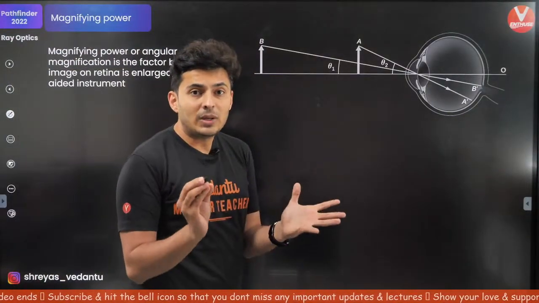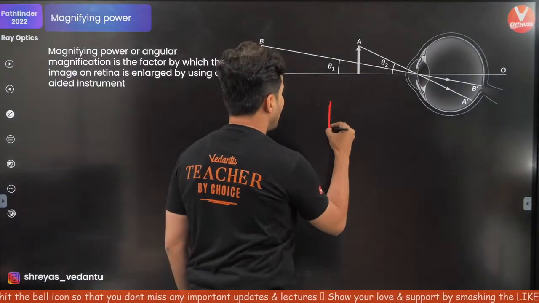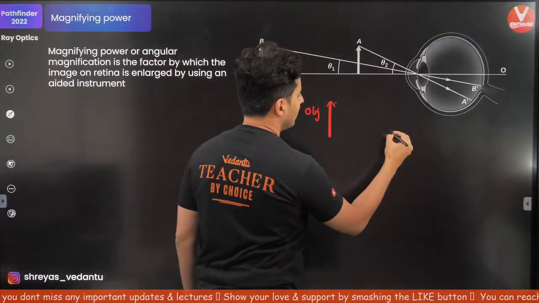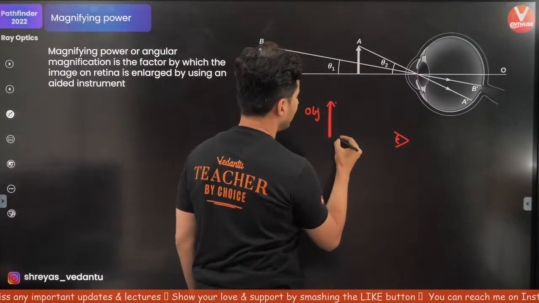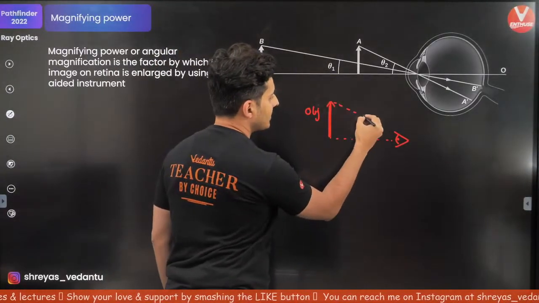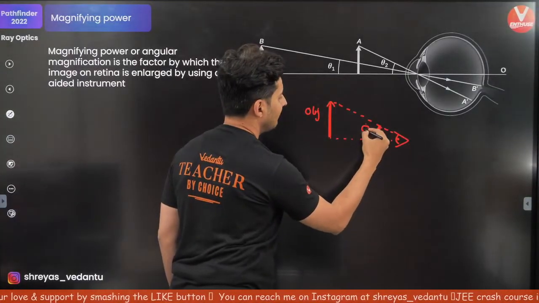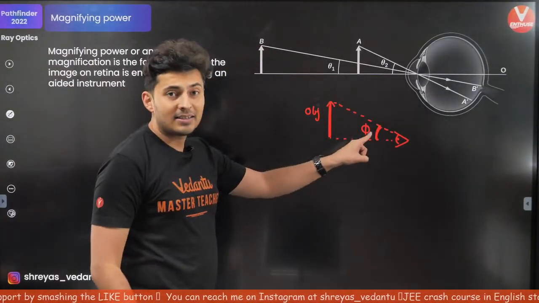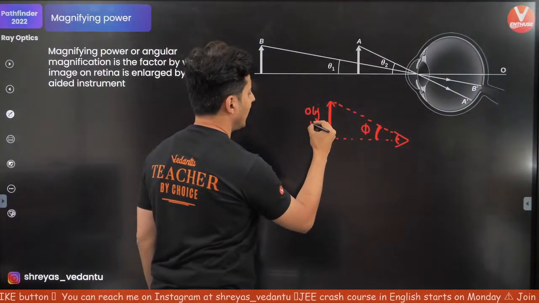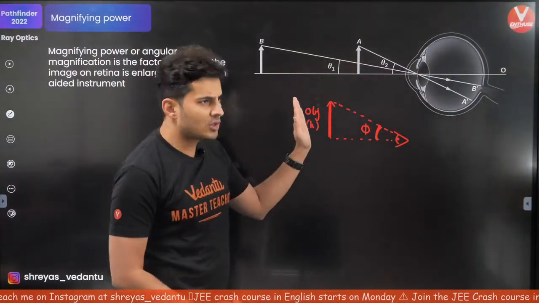Now, without any aid, without any microscope or telescope, let's say I place an object. So this is my object, and this is the human eye over here. Fair enough. Now, let's say this is the angle over here, I'm going to call it phi. This is the angle subtended by the object. Let's say it is of height h, and let's say you bring the object close.